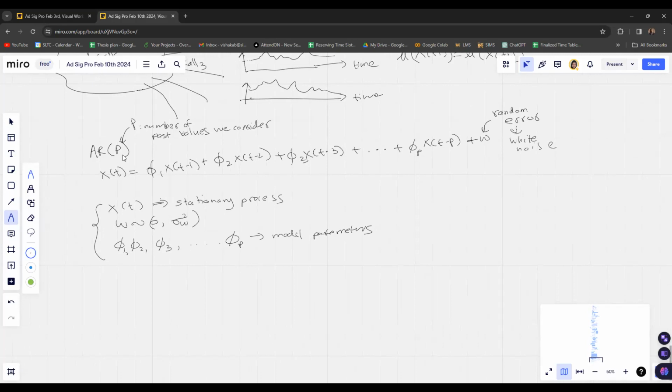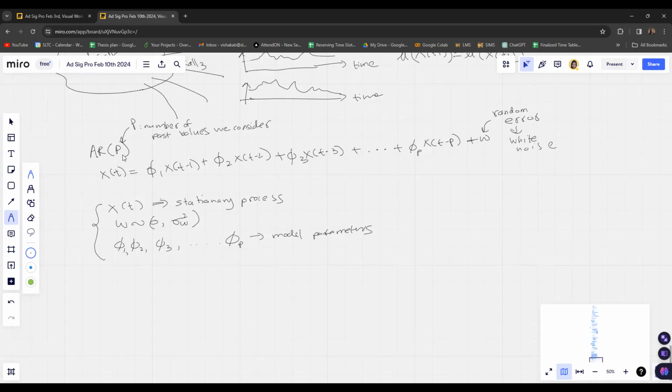Xt minus 1 gives the value of the random process at t minus 1, so it defines the amplitude of the signal at t minus 1, and this denotes the value of the signal over all the realizations considered. So xt is the random variable at time t, xt minus 1 is a random variable at t minus 1, xt minus 2 is the random variable at t minus 2, and xt minus 3 is the random variable at t minus 3, and so on.